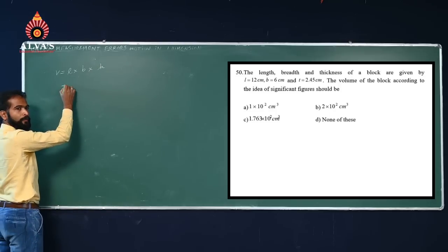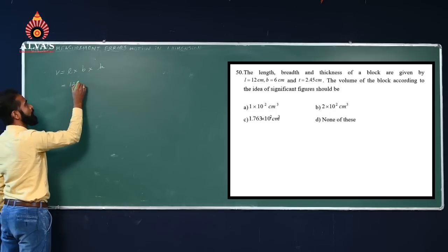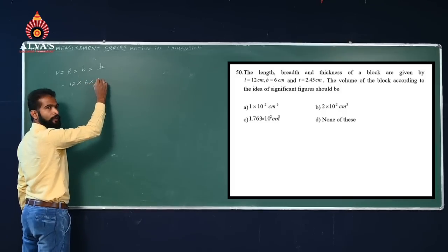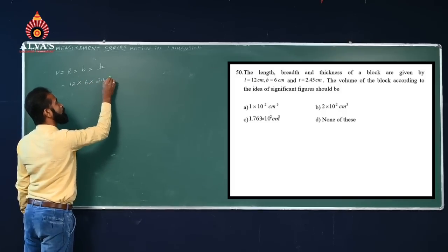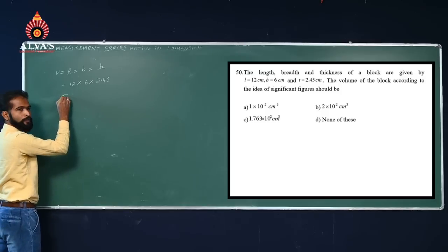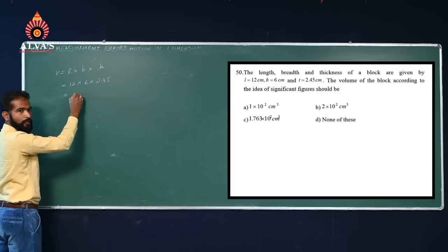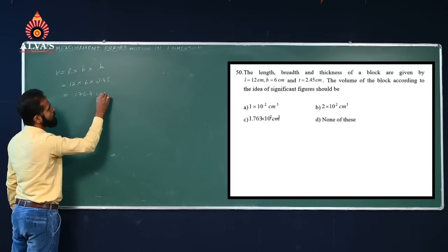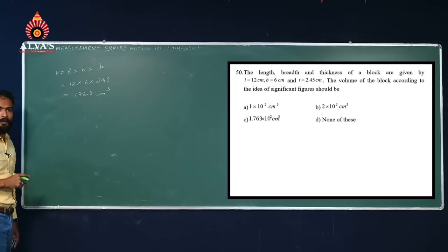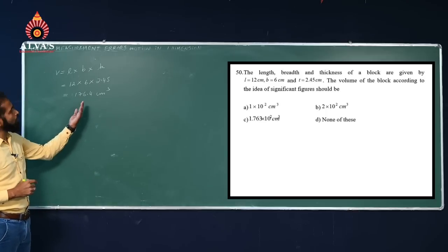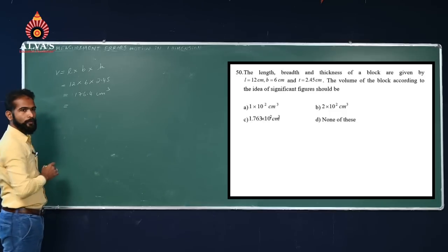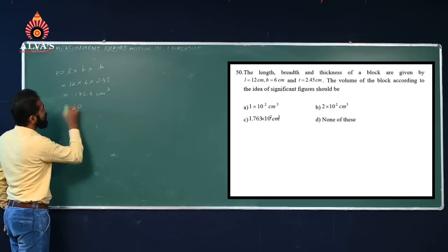Length is given as 12 centimeter, breadth is given as 6 centimeter and height is given as 2.45 centimeter. If we take the product of this, we are going to get 176.4 centimeter cube. But the answer is written in the standard form, that is 1 digit before the decimal point and the remaining is given as a power of 10.